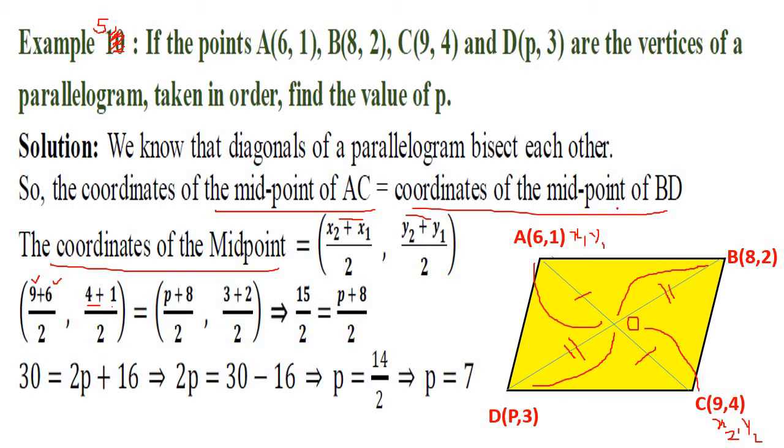Similarly, for this coordinate, let us take B, which is x1, and 2 is y1. So this is x1, y1, and here this point is x2, y2. p is x2 and 3 is y2.